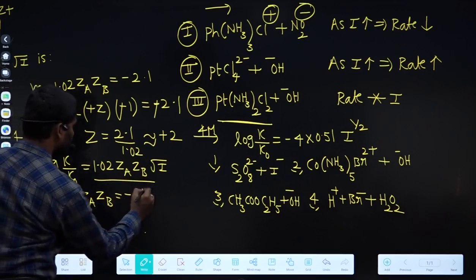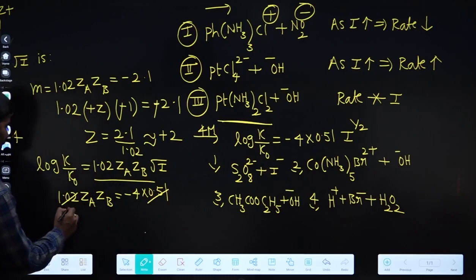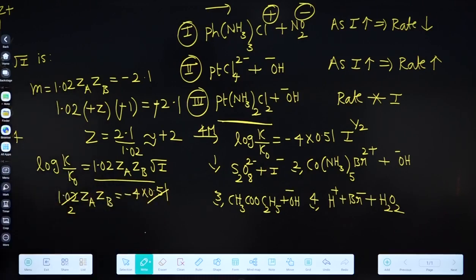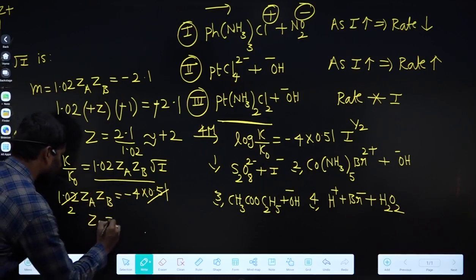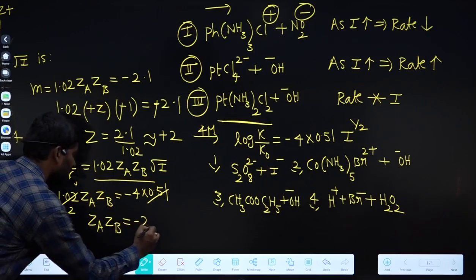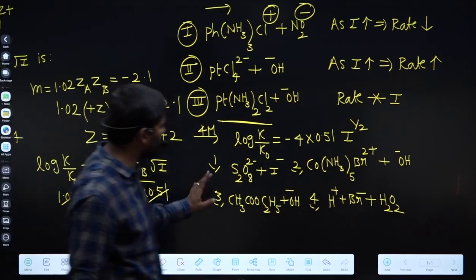Minus 4 into 0.51. So how many times gets cancelled? 0.51 into 2 is 1.02. So ZA ZB value should be how much, Andy? Minus 2.